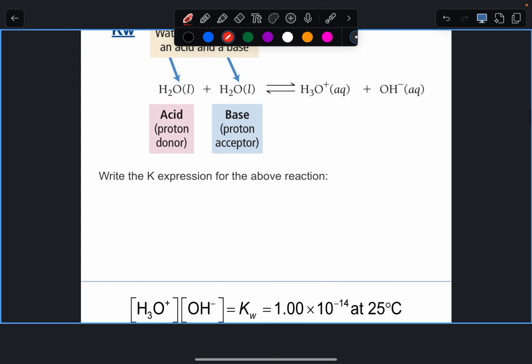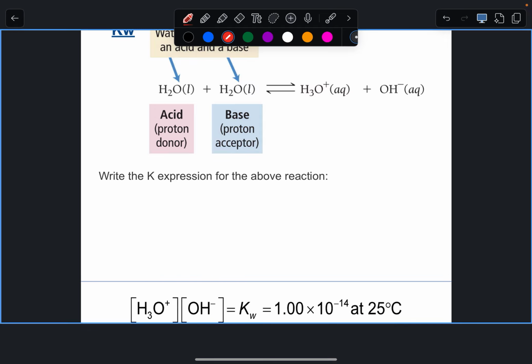There is a K associated with this reaction, and it's 10 to the negative 14th. So it is a teeny tiny influence. It's only ever so slightly product made, very, very reactant favored, okay? And this is water reacting with itself in an acid-base reaction.